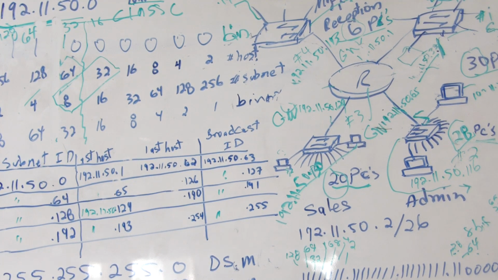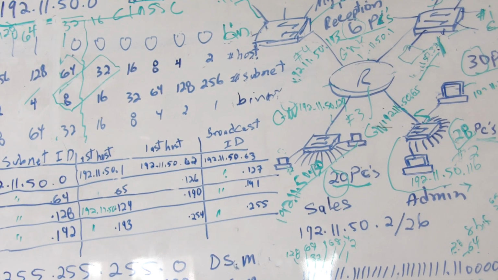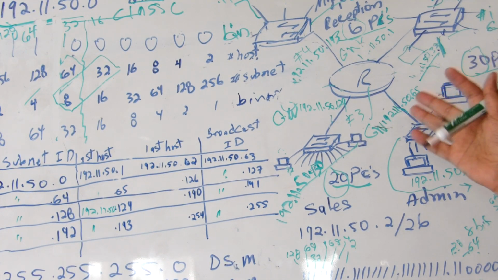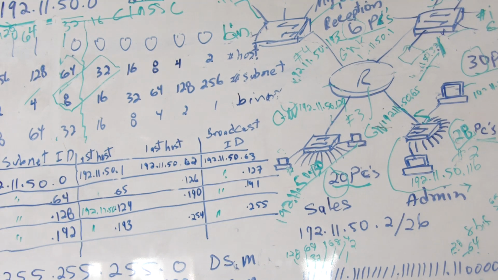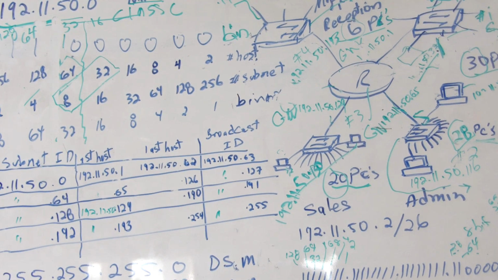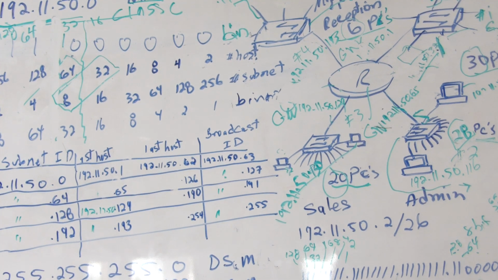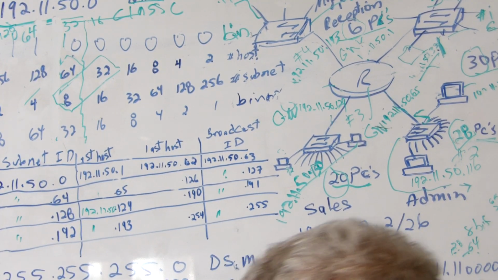So that's what it gets into, and then they send the information back to where the client is. The client asked for the information, and the server gives the information.